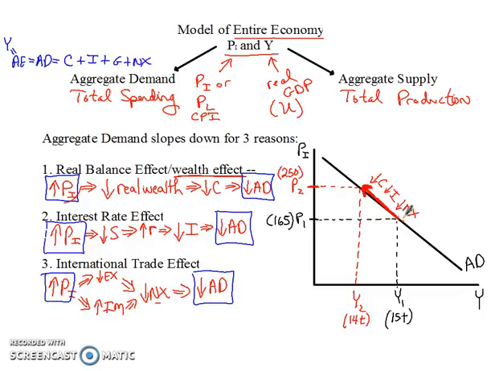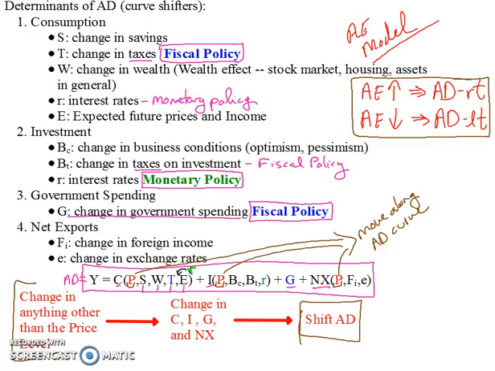We moved along the aggregate demand curve when there was a change in the price level, and then we had all these things that shifted the aggregate demand curve. And we said the things that shift the aggregate demand curve were the same things that shift the aggregate expenditure curve, so I don't have to go through all of those. They're all on previous videos.